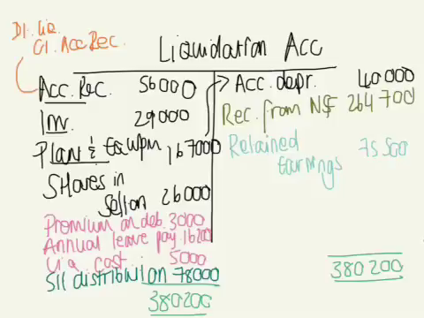In this case, because it's not an insolvency, we expect it to be a surplus that is transferred to the shareholders. Okay, so let's look at the shareholders distribution account.